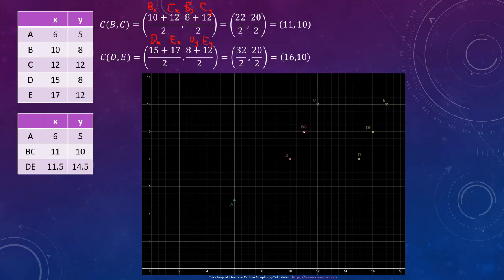The other thing to note is when we calculate the centroids, we don't use BC and DE. So say A happens to, in this next iteration, A is closest to BC, then we'll take the average of A, B, and C, and that'll become ABC.